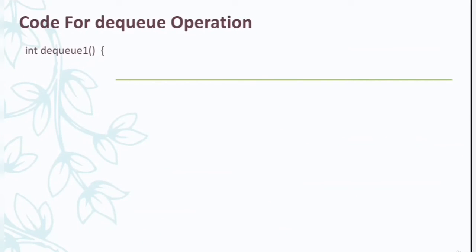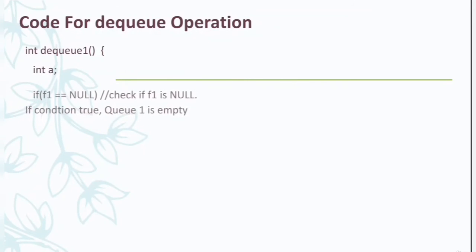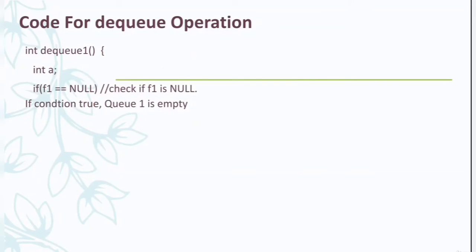So again, int DQ1. Again, this will be for 2 queues and hence we have taken the queue of Q1. So we have to again check the condition if F1 equals null. If the condition is true, then Q1 is empty, and we have to print that no elements are present in the queue.